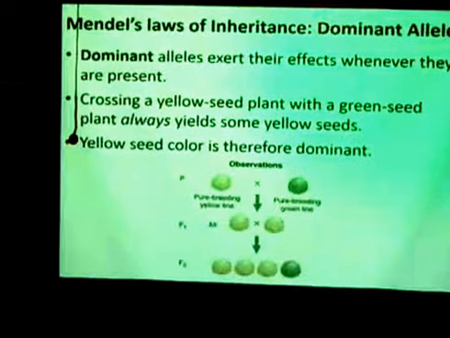So we call them Gen 1, Gen 2, and Gen 3. What he called them was slightly different. He called this the parents or parental generation, or P generation. And the plants that were produced as a result of this crossing, he called the F1 generation. F1 generation is filial 1 generation.